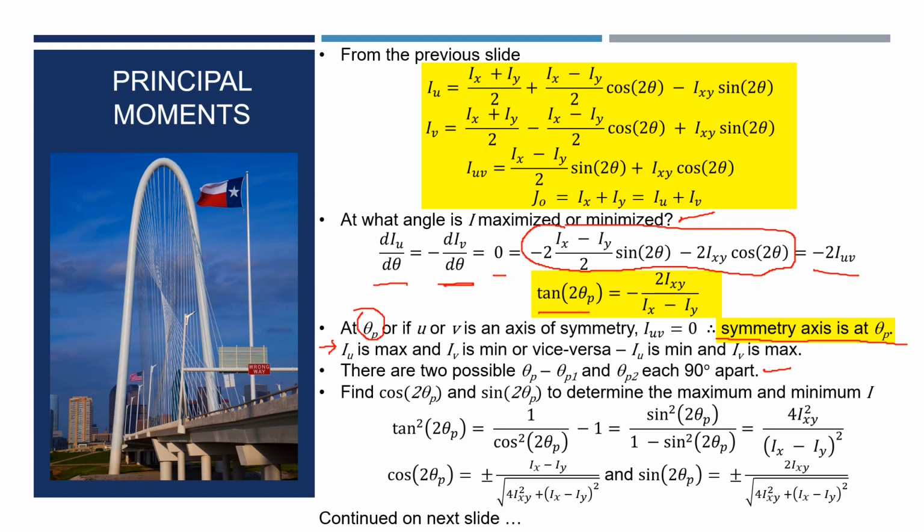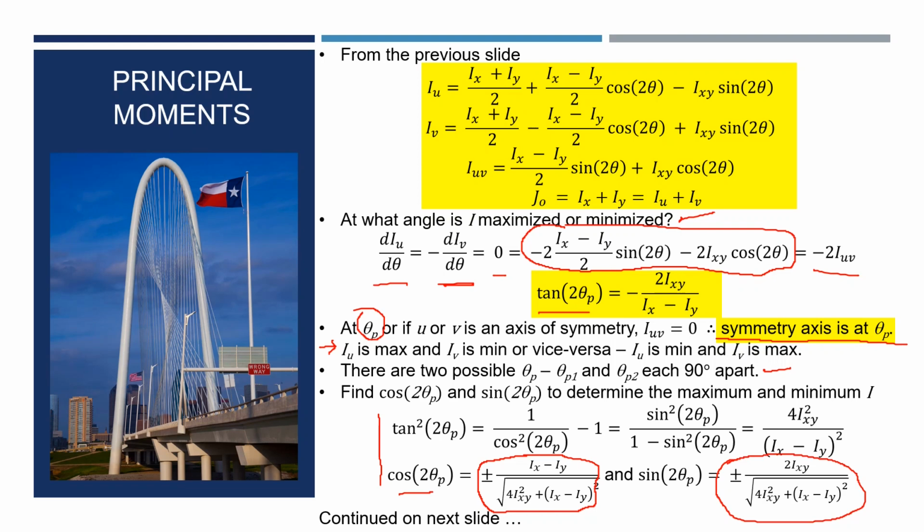So these expressions will be needed when we get to figuring out what is the maximum, what is the minimum. So the cosine of 2 theta p is given by this, and the sine of 2 theta p is given by this.